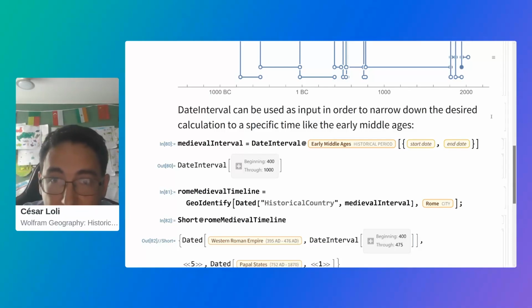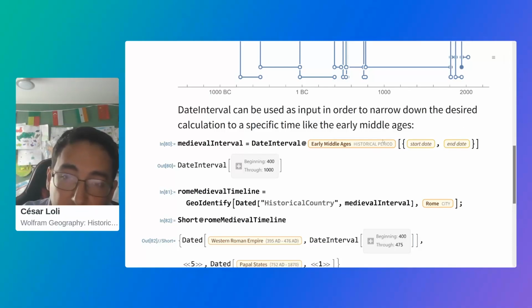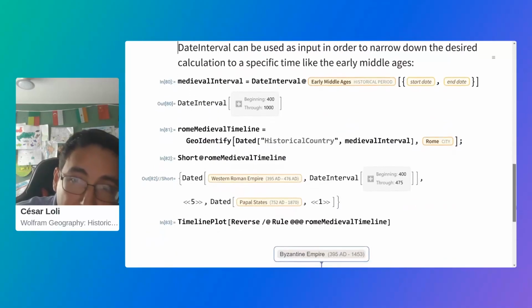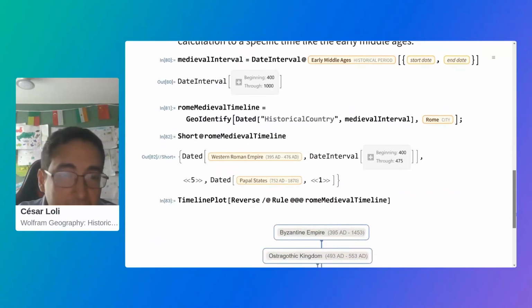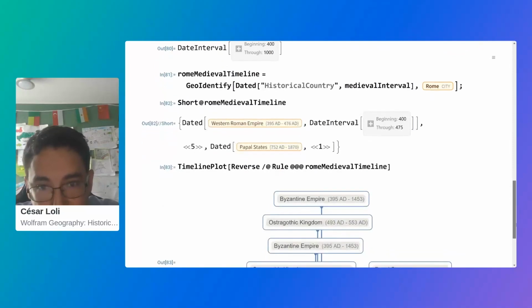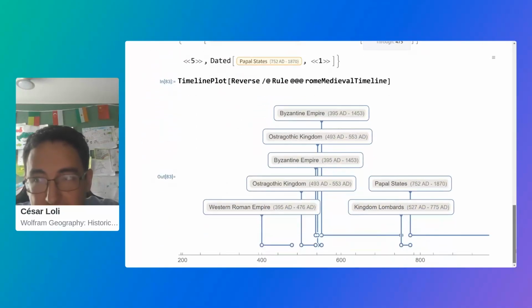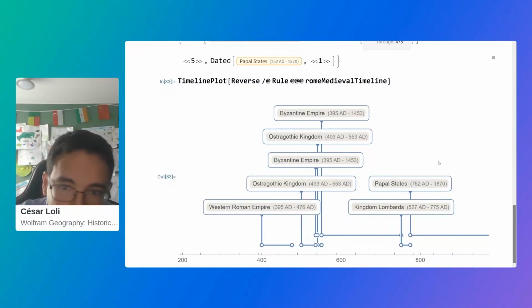For instance, I can use the information we have in the historical period to narrow down in which countries the city of Rome was contained within the early medieval period. And we can return a similar timeline, but far more readable.